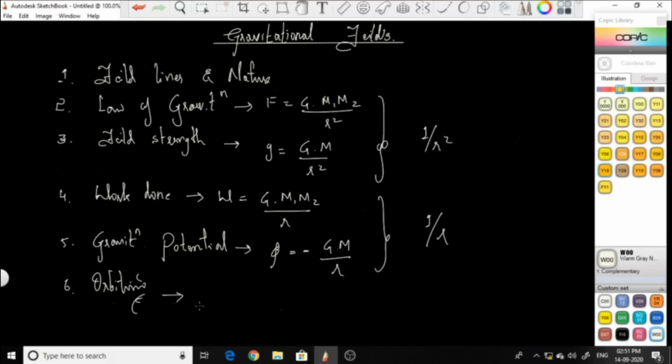This is the last equation in this chapter. So that's the end of gravitational fields and their nature and all the different parameters which I have discussed. Thank you.